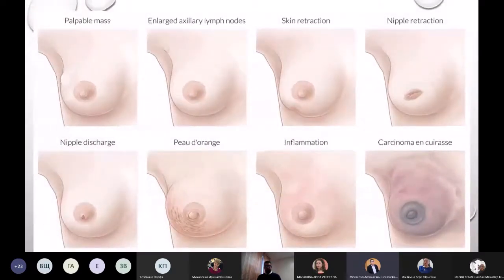Here you can see how the palpable mass looks in the patient, also enlarged axillary lymph nodes and skin retraction, either nipple retraction or nipple discharge, inflammation, or carcinoma en cuirasse.